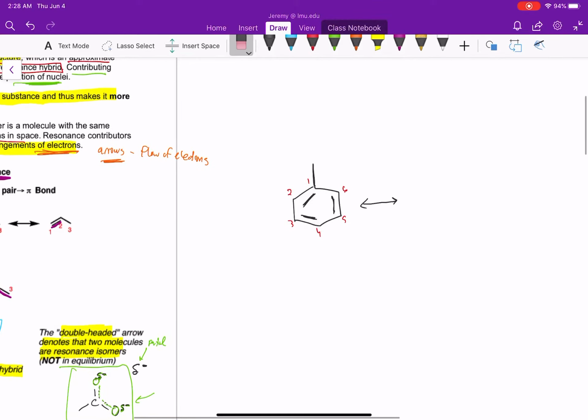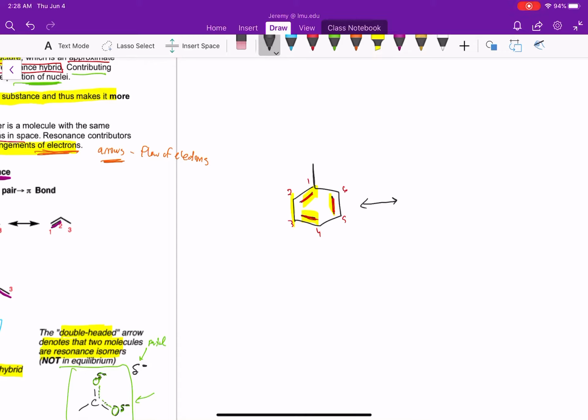The way this is drawn, it looks like we have a double bond between 1 and 2, a double bond between 3 and 4, and a double bond between 5 and 6. But in fact, these electrons are actually all delocalized. So it's not like there's a single bond between 2 and 3.